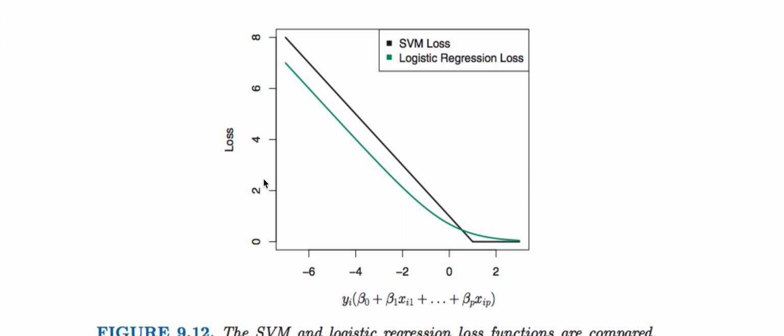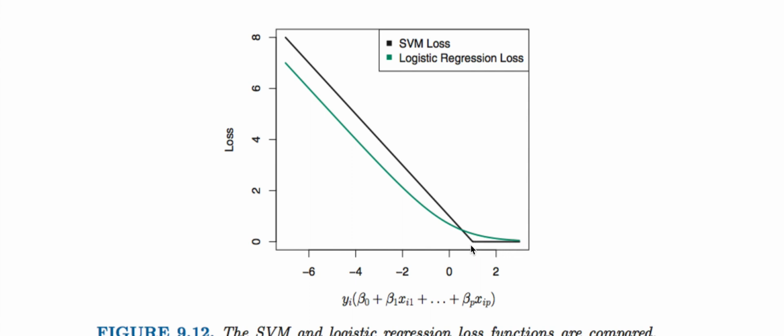On the vertical axis we have the loss. The logistic loss and the support vector machine loss behave similarly when these are big, because it's just close to linear. But the logistic loss smoothly goes to 0. The support vector machine hits 0 and then it remains 0.